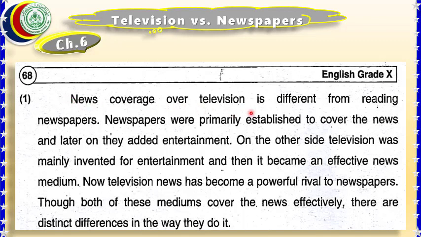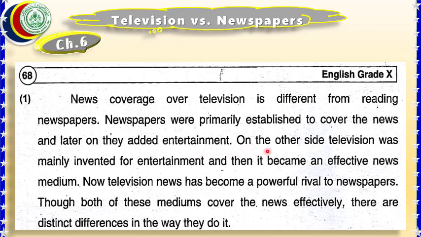News coverage over television is different from reading newspapers. Yes, we know. Newspapers were primarily established to cover the news, and later on they added entertainment. Entertainment became part of newspapers later, but their first purpose was to collect the news.